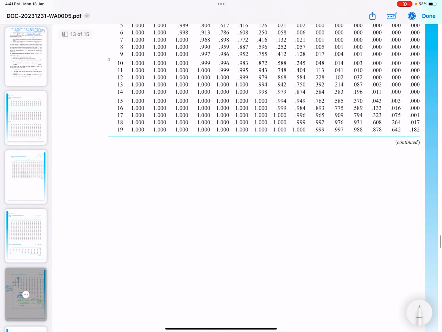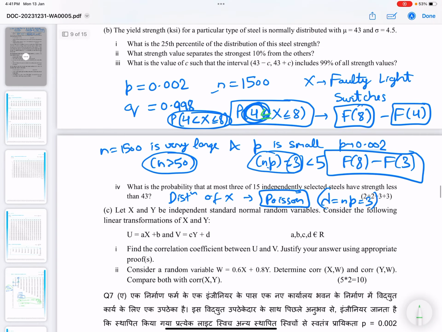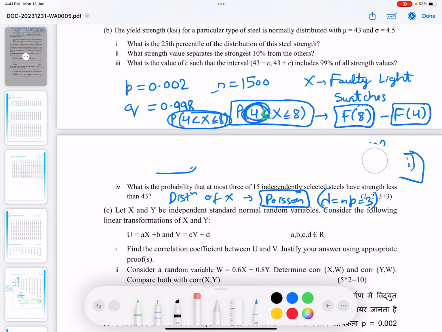Okay, now moving to the B part. We have done the first part, now we'll move on to the next part.